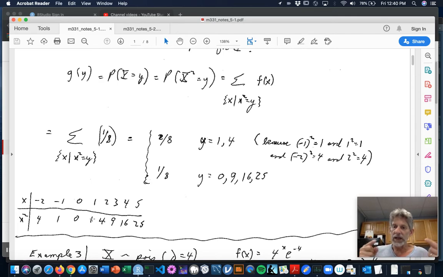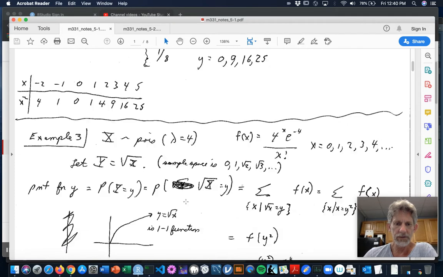And so we're going to have to add 1/8 and 1/8 together for those ways. So the result of this summation is going to be 2/8 if little y is 1 or 4, but it'll be just 1/8 for the other possible values of little y, the other squares.